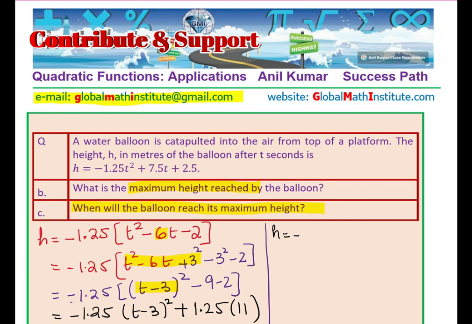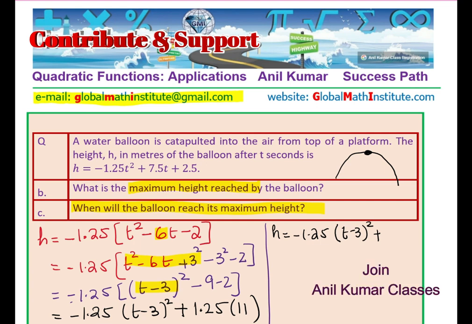Since it is minus 1.25, it is a parabola opening downwards, so you get a maximum. Minus 1.25 times t minus 3 whole squared plus 11 times 1.25. Let's do it. 11 times 1.25 is 13.75. Correct? Now you can easily answer the question.